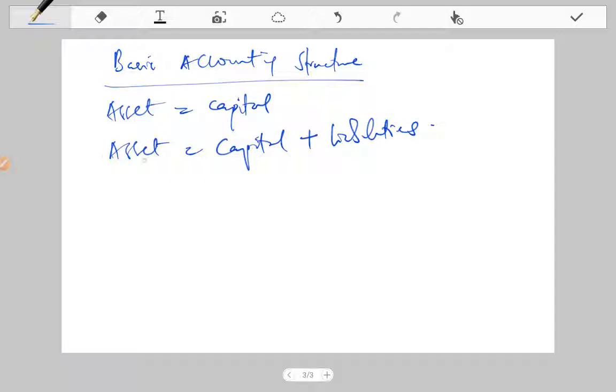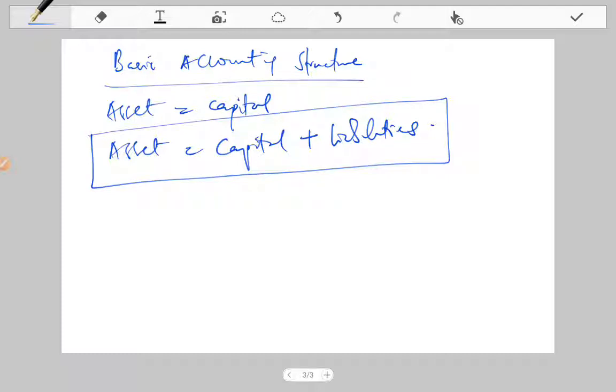Now, this standard, which is the key standard of accounting, has 5 key points, but we're looking at these 3, which solely affect the statement of financial position.